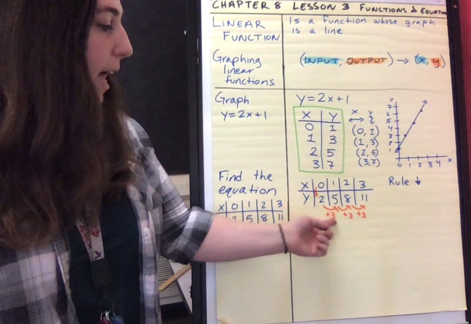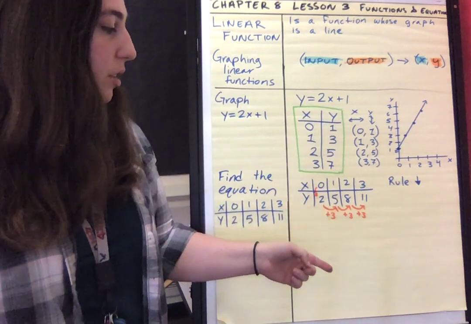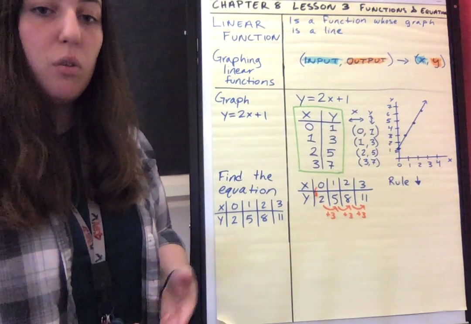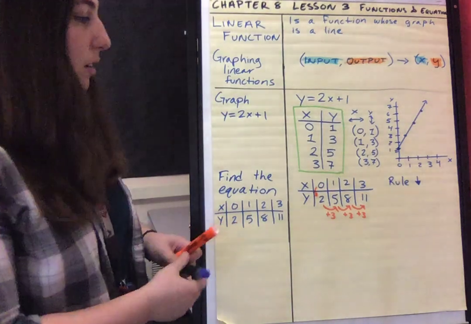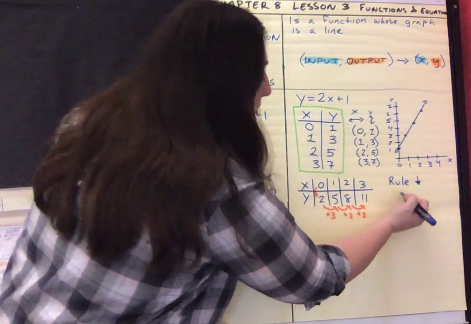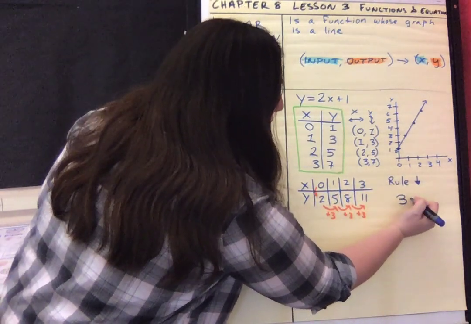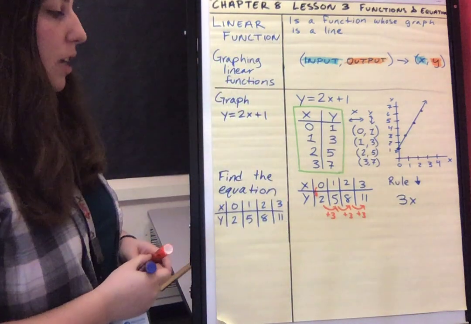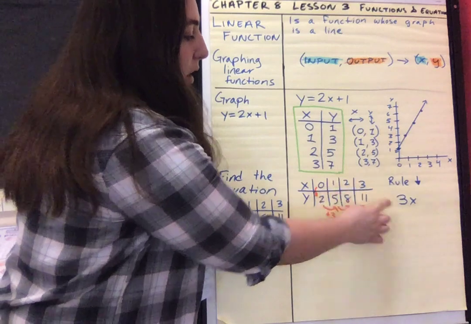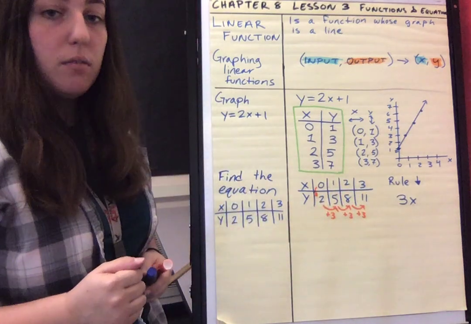I'm constantly adding 3 to each of these numbers. It's a repeated addition. Repeated addition is also multiplication. So I could also say I'm multiplying, in my rule, 3 times x. Okay? So that means for every x value, I'm going to multiply it by 3.